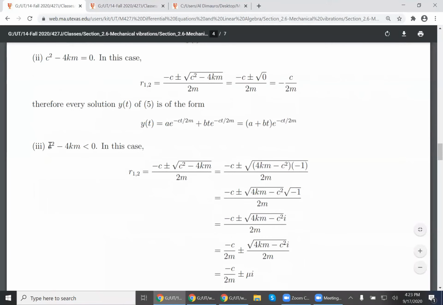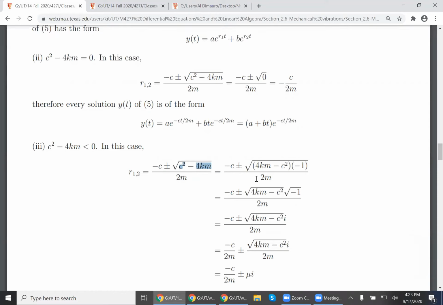Lastly, discriminant is negative. Here's what we do in this case. Here is the quadratic formula. First, let us rewrite this. Let us switch positions as 4km minus c squared, the whole thing, times -1.